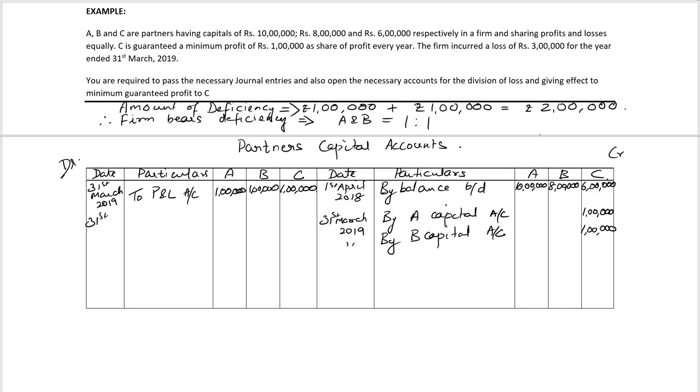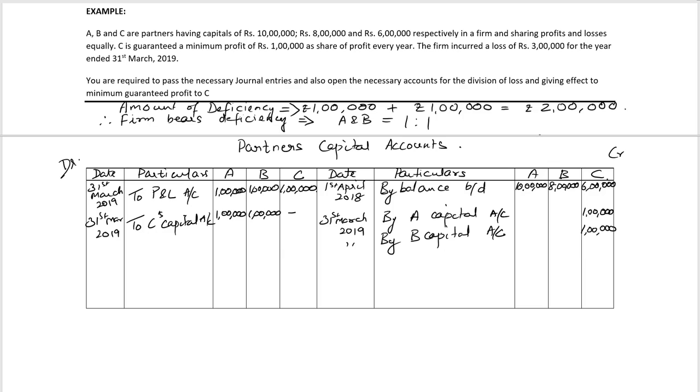On the debit side on 31st March 2019 to C's capital account under A rupees 1 lakh and under B also rupees 1 lakh.